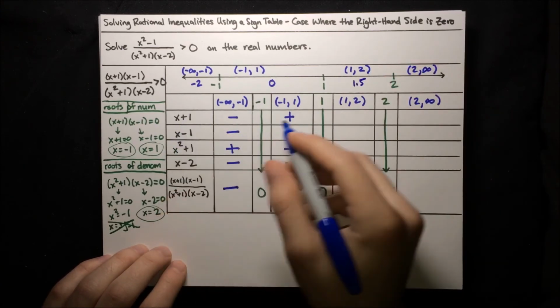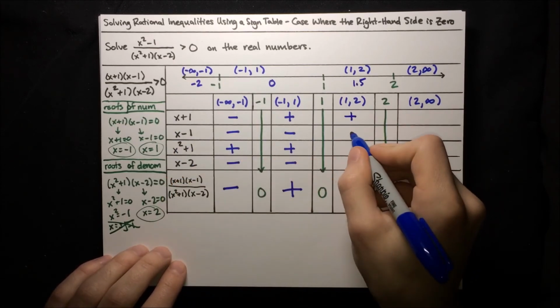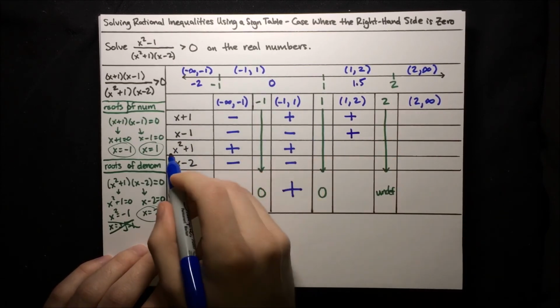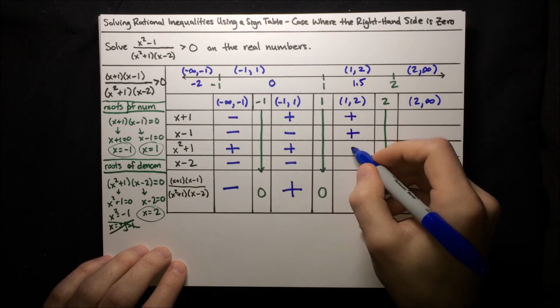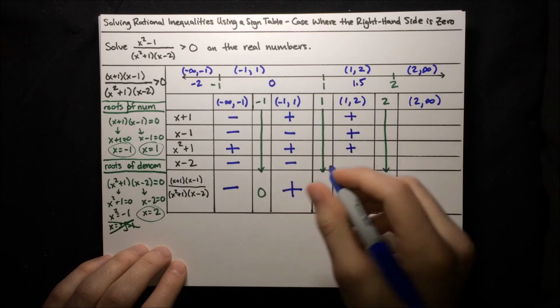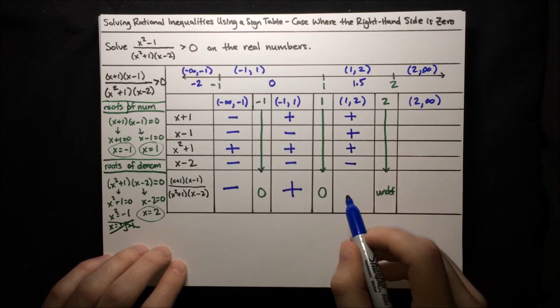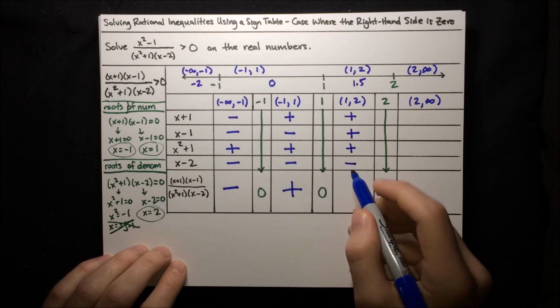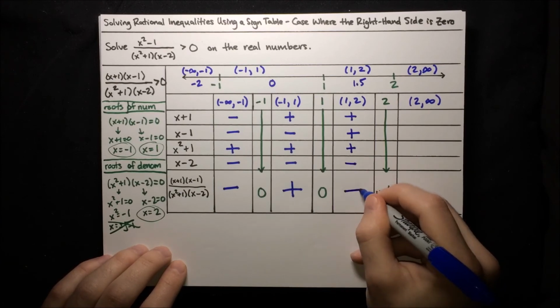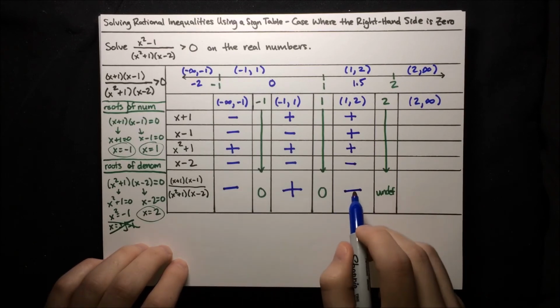1.5 plus 1 is positive. 1.5 minus 1 is just 0.5, which is also positive. 1.5 squared plus 1, well positive plus positive is positive. And 1.5 minus 2 is negative 0.5, so negative. Then we've got a single negative sign, which doesn't cancel out with any other negative signs, so the expression is negative.